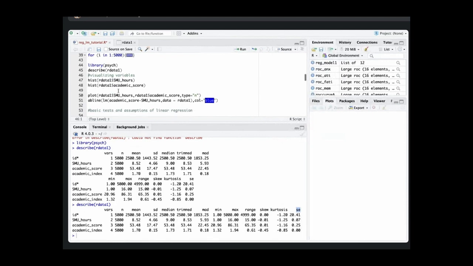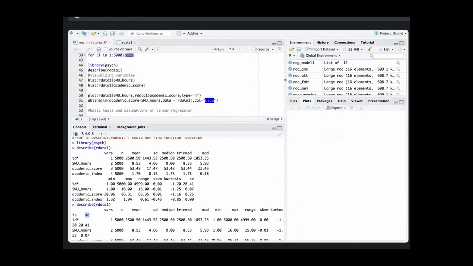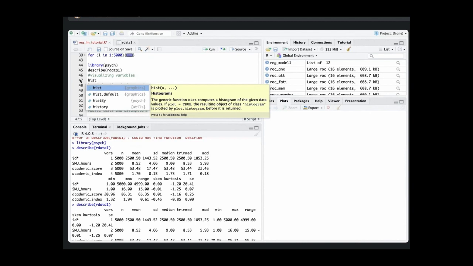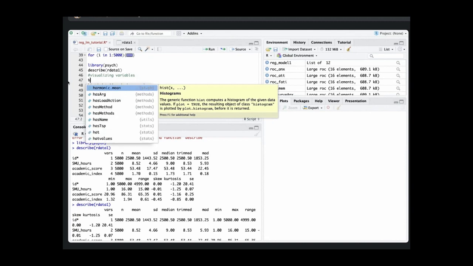Now, after just describing, we can go for visualizing, right? After looking at some of the basic descriptive stats, it's always nice to see visually how your data looks, right? So the simplest way to do this is to make histograms. In R, you have this function called hist, and the best thing about R is that if you don't remember the entire function, you can just start typing.